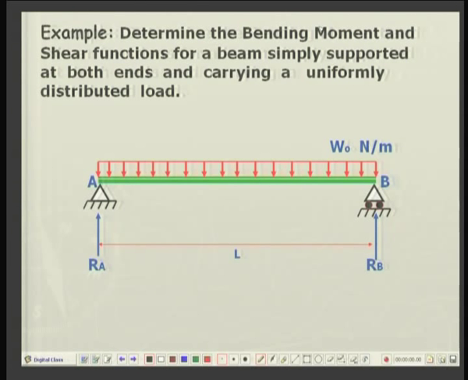So, number of equations is 3, unknowns are 3, so this problem is statically determinate. Now, we want to determine for this problem the bending moment diagram as well as the shear force diagram. First, we will determine the analytic functions and then we will plot the diagrams.